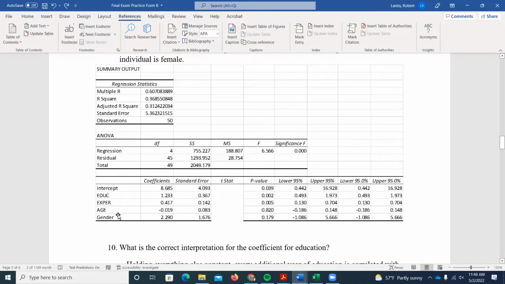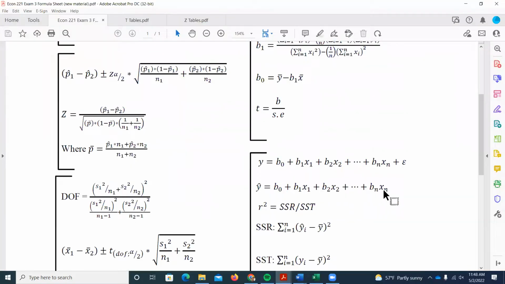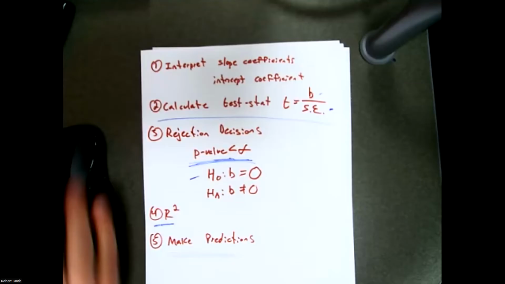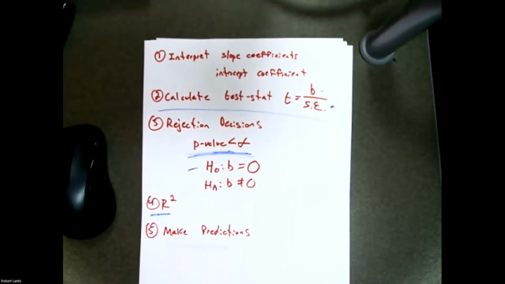So this was a 1 if they're male, 0 if not. So this would have been 0. And then you would plug in the 34, 5, and 15 years of education. And then you basically just have this really long linear equation that you're putting into Excel. Okay? So that was that 5th one I said to make sure you know how to do, which is make predictions.